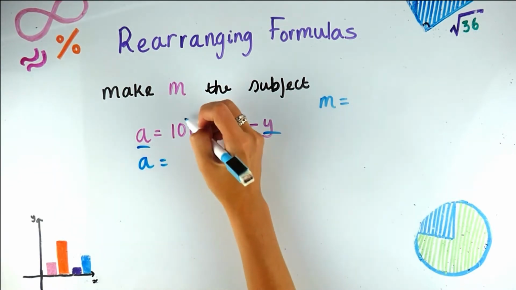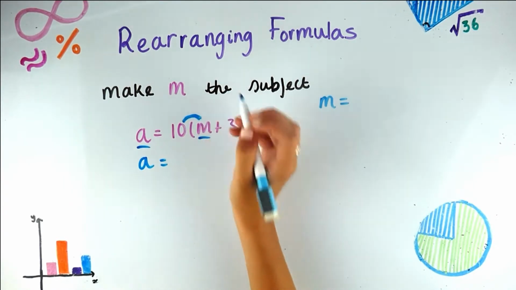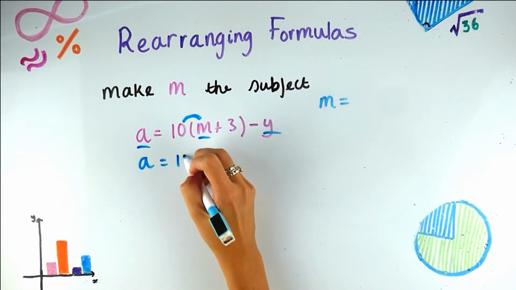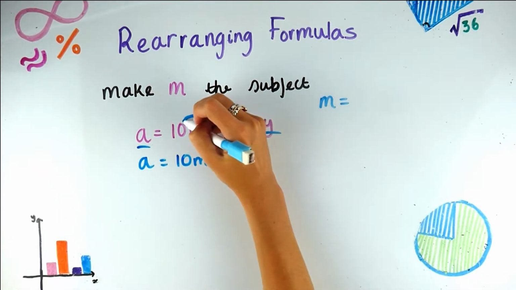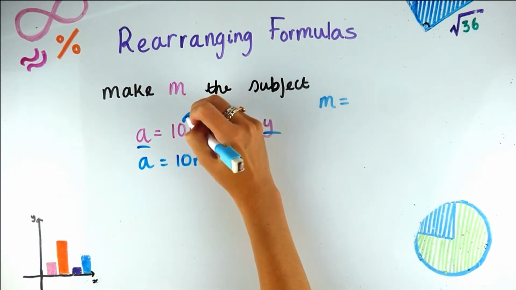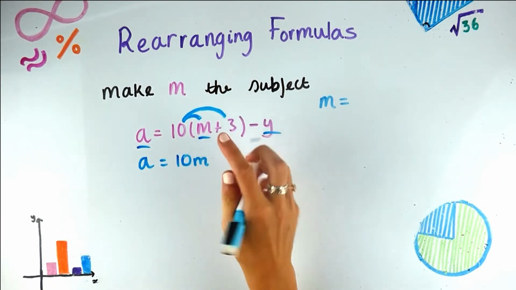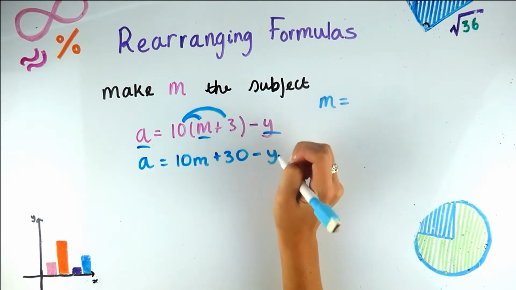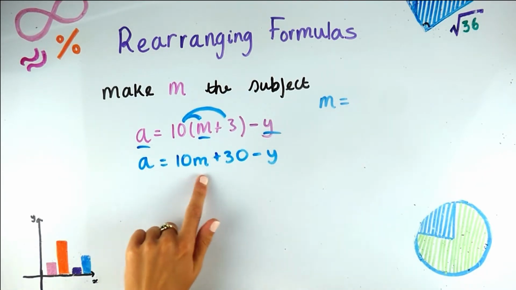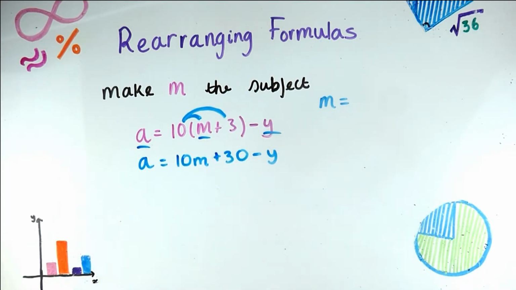So if I expand this bracket, I do 10 multiplied by M, and this is a single bracket expansion. And it also goes on a date with this one, so that's 10 multiplied by 3 plus 30, and then this stays where it is. So can you see what I mean? We've now got 10M on its own, we don't have M attached to 3, it's an independent woman now.